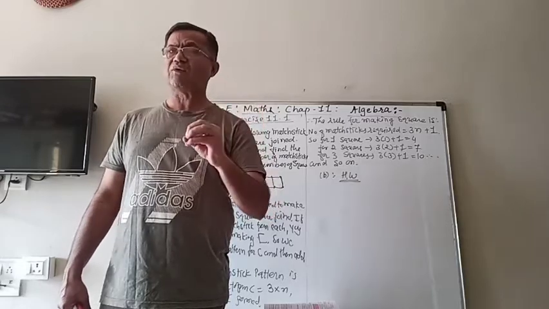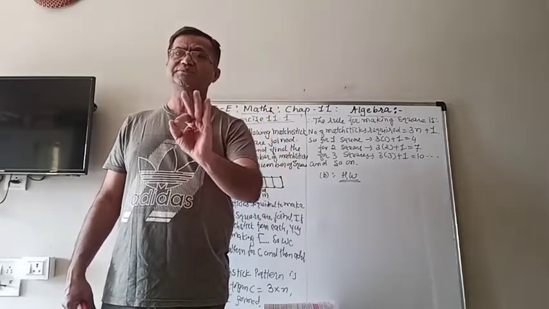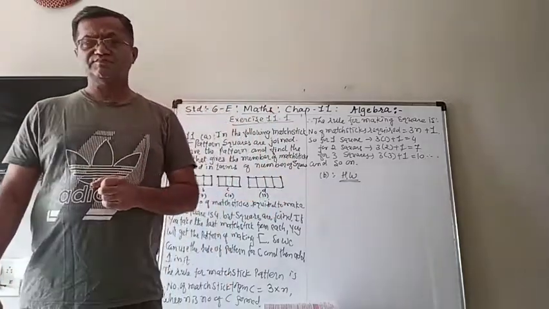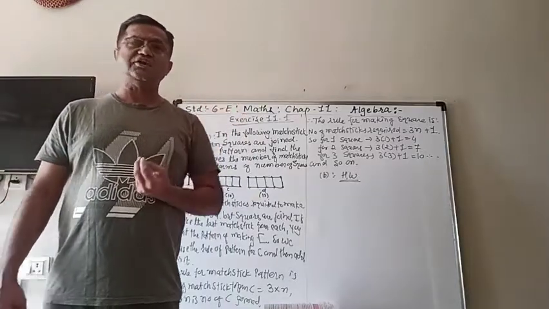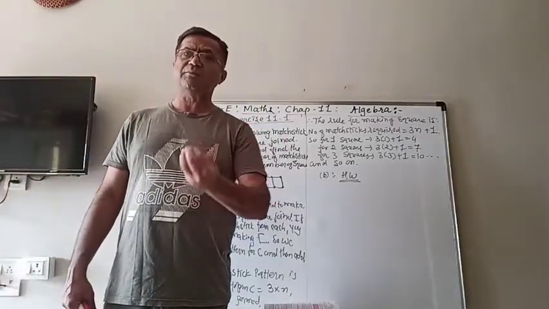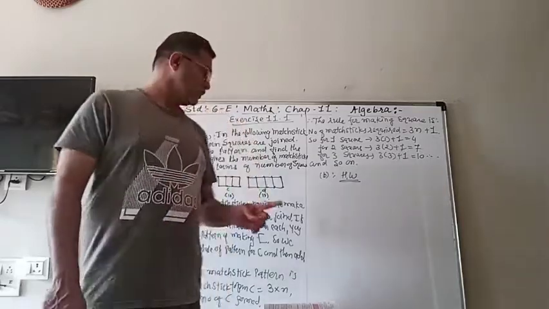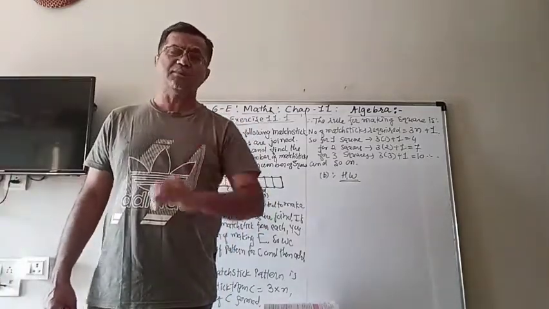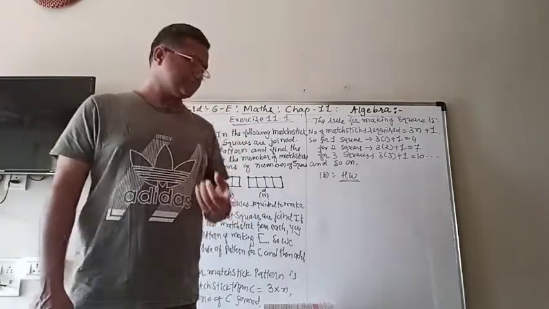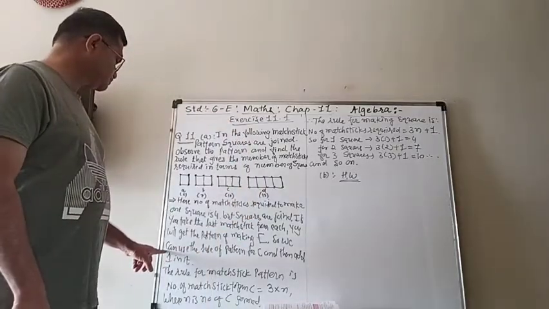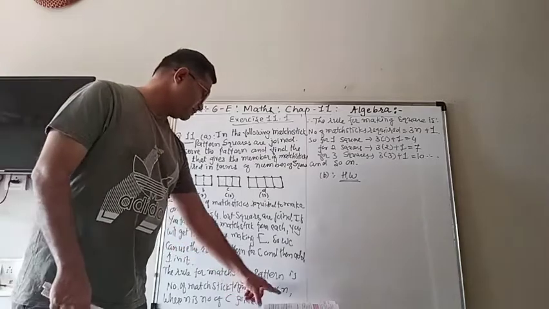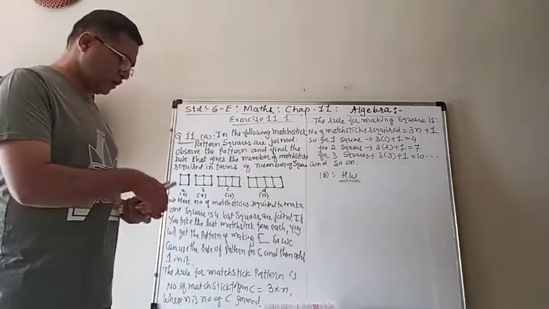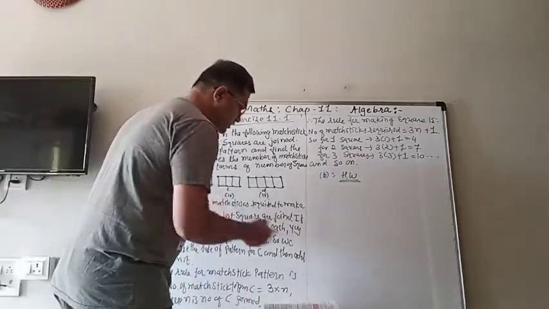Number of matchsticks required is equal to 3 times the number of C required. So now if you take n for the number of C formed, then what is the rule? The rule is 3n. 3 multiplied by n, or you can write down as 3n.